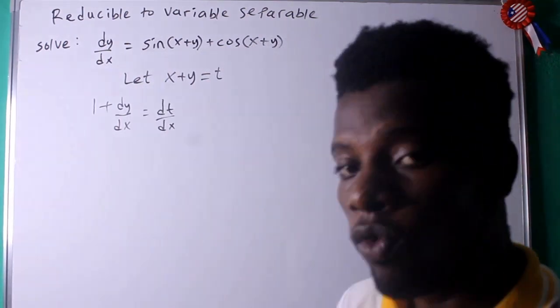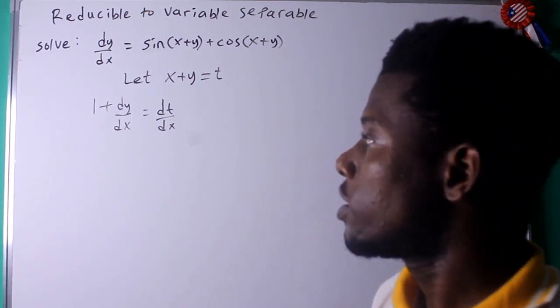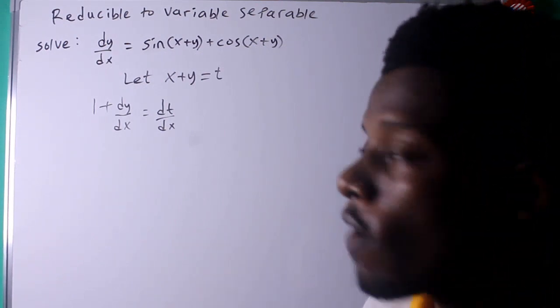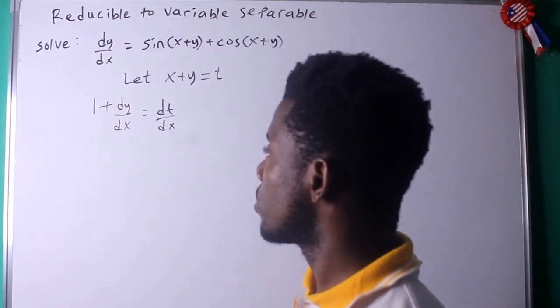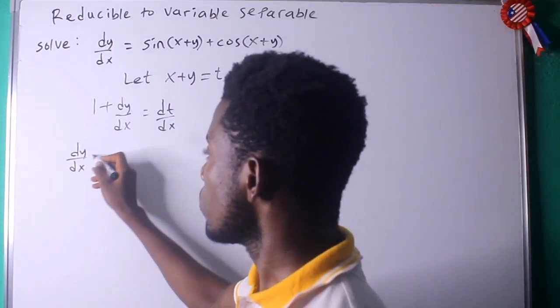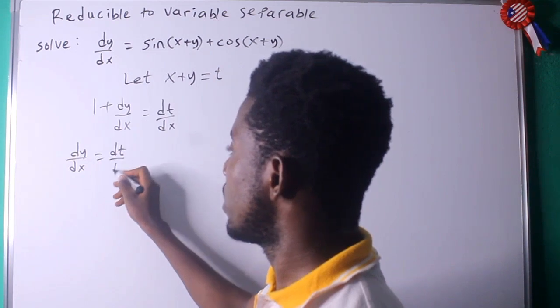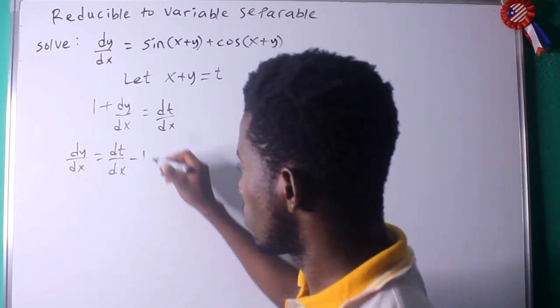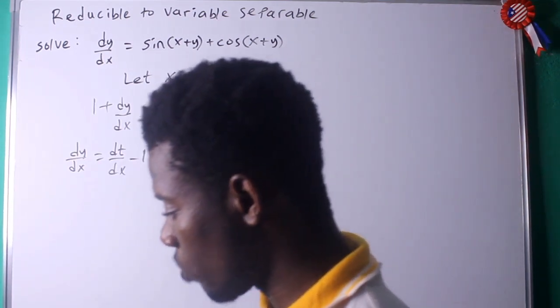Good. And if you watched that video, we said that after we've done this, we have to solve for dy by dx. So we send this across. We have dy by dx is equal to dt by dx minus 1. That is the expression we have for dy by dx.